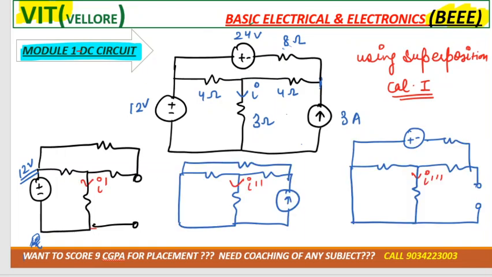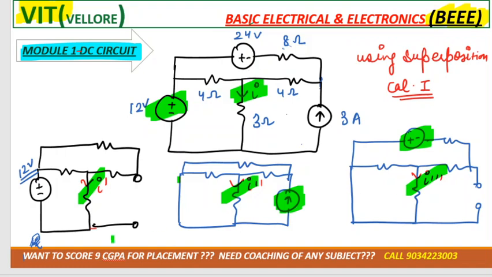In the first step, we have taken the first source and removed the other sources. In the second step, we have taken the second source and removed all other sources. In the third step, we have taken the third source and removed the other sources. They ask you to calculate current I, so we have marked I dash, I double dash, and I triple dash, right?